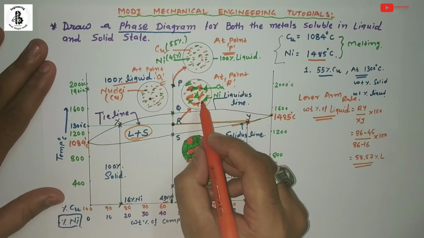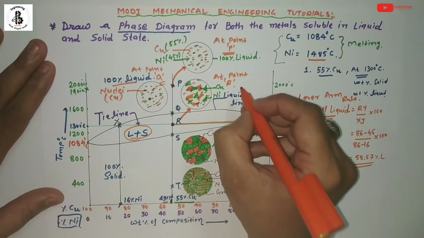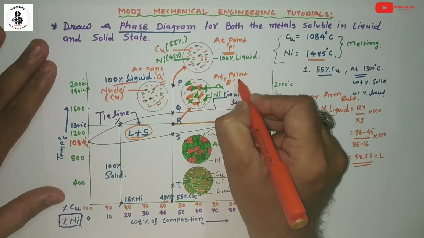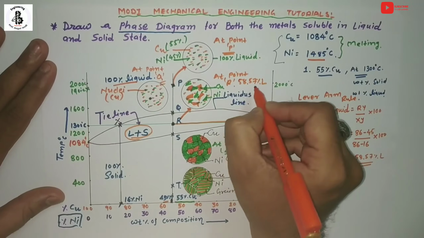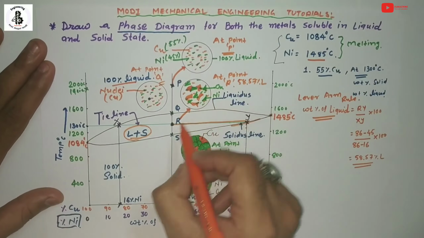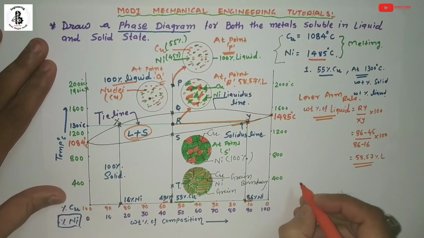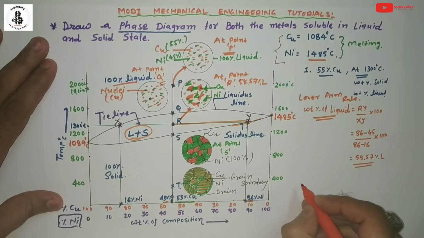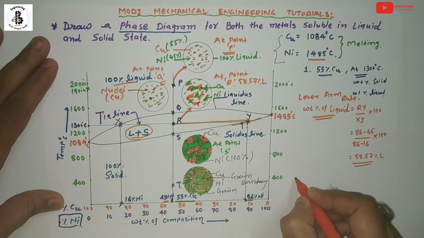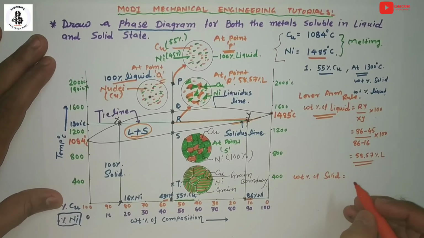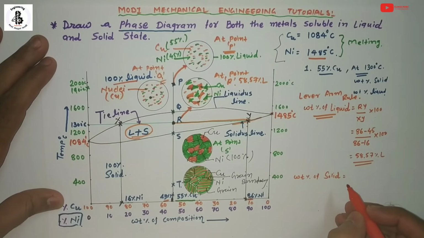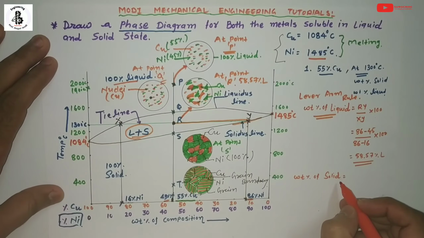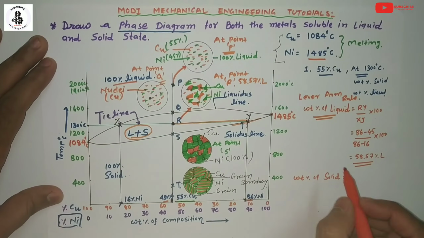So for your microstructural view, here you can note down that 58.57% of the liquid is present at point R. Now I will find the weight percentage of solid. For the weight percentage of the solid, just take the side at which the liquidus line intersects.